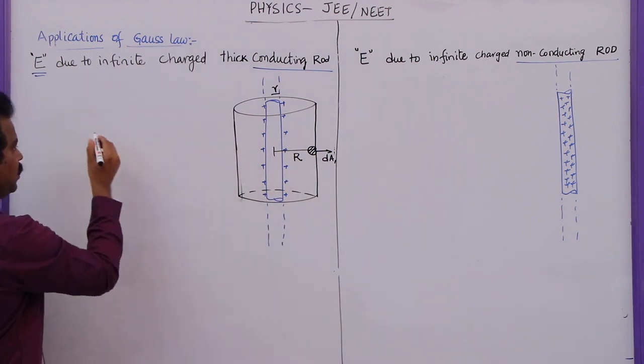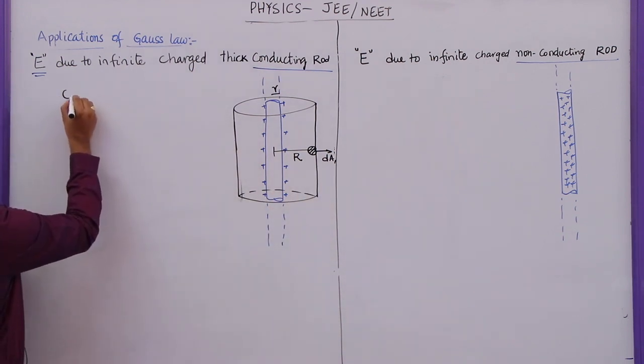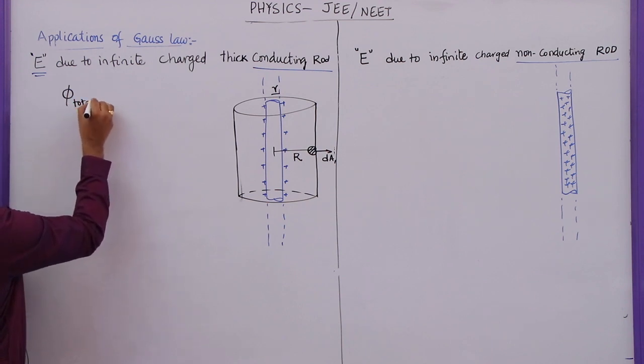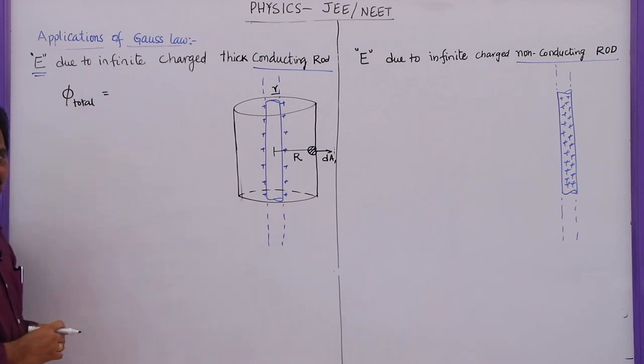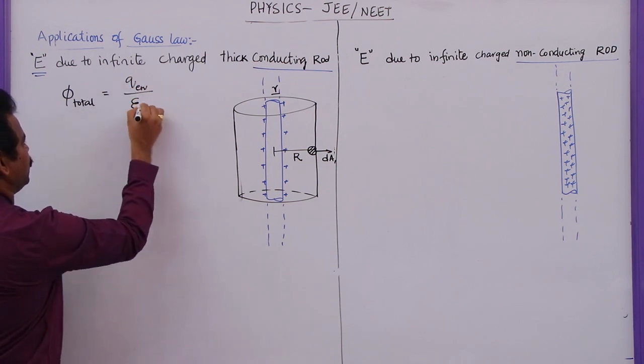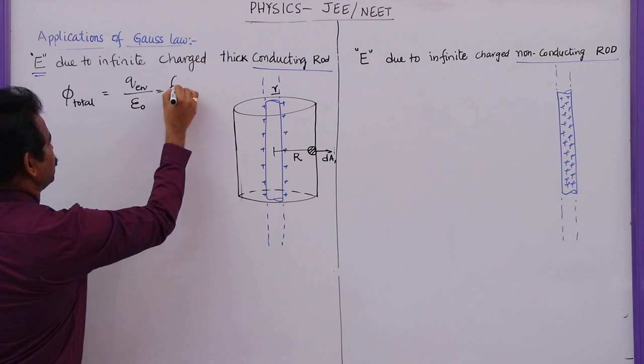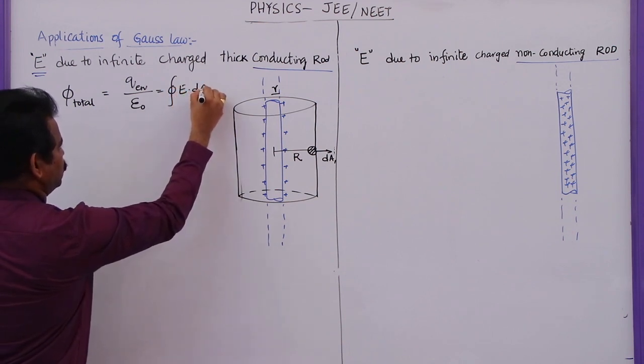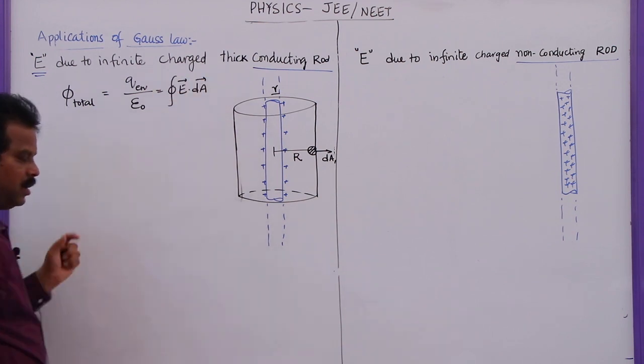Now, here let me use this concept. The total flux through this Gaussian surface, closed Gaussian surface, is equal to the charge enclosed by it by epsilon naught, which is equal to closed integral of E bar dot dA.